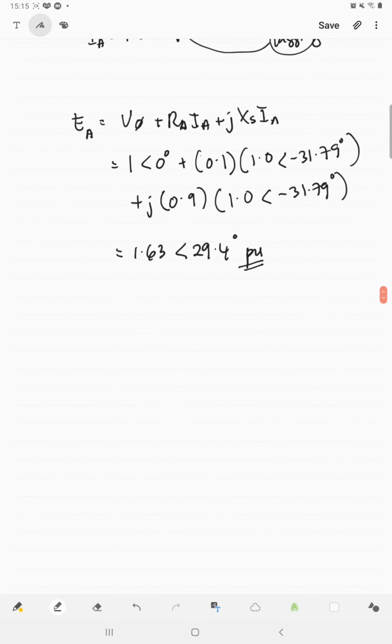This is not yet the answer, because it wants the magnitude of the internal generated voltage. So we need to find the base. For per unit values, we need the base voltage to be able to multiply. Since this is Y connected, the base phase voltage is the rated 12 kilovolt divided by square root 3, which is 6928 volts.